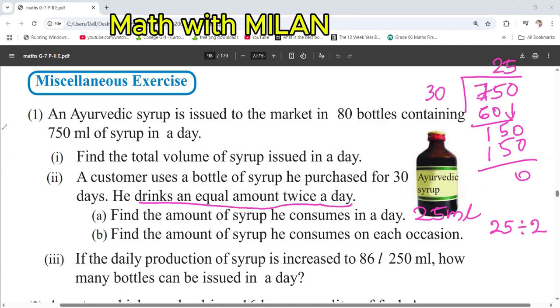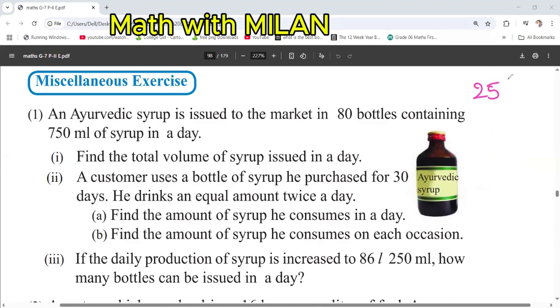So let's go to the long division again. 25 divided by 2. For 2 there's 1, 1 into 2 is 2. There's 0. Then you take 5. 2 into 5, you get two 2s, 2 into 2 is 4. Then the remainder is 1. And then you can put the 0 here.